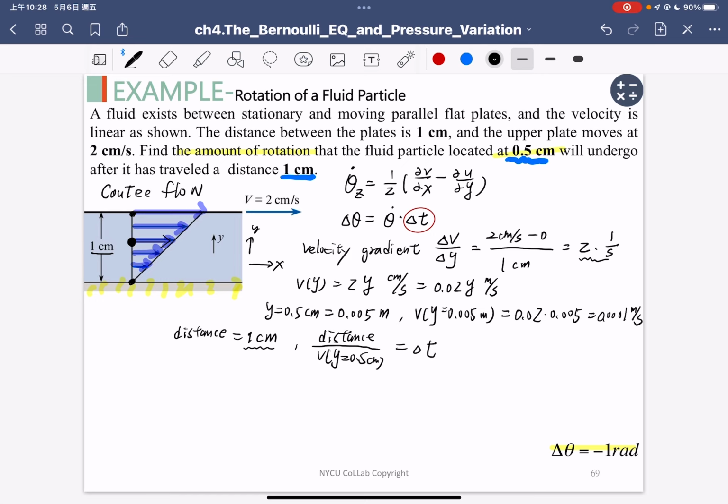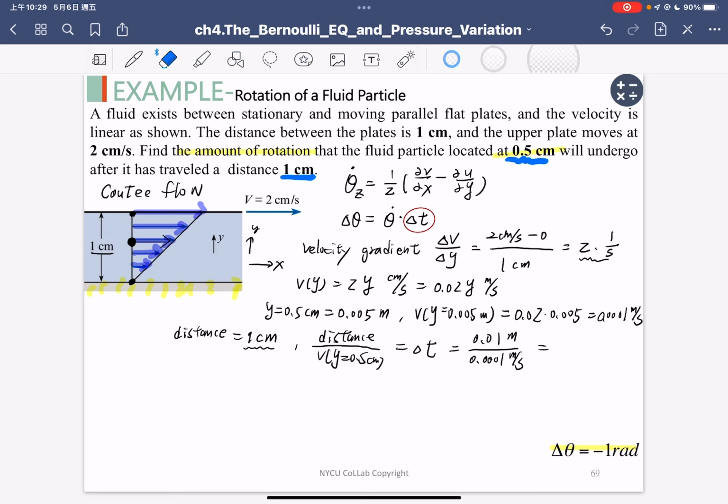Then you just put all of the parameters inside here. The 1 centimeter is equal to 0.01 meters, and the velocity is equal to 0.0001 meters per second. So you can calculate the delta t.